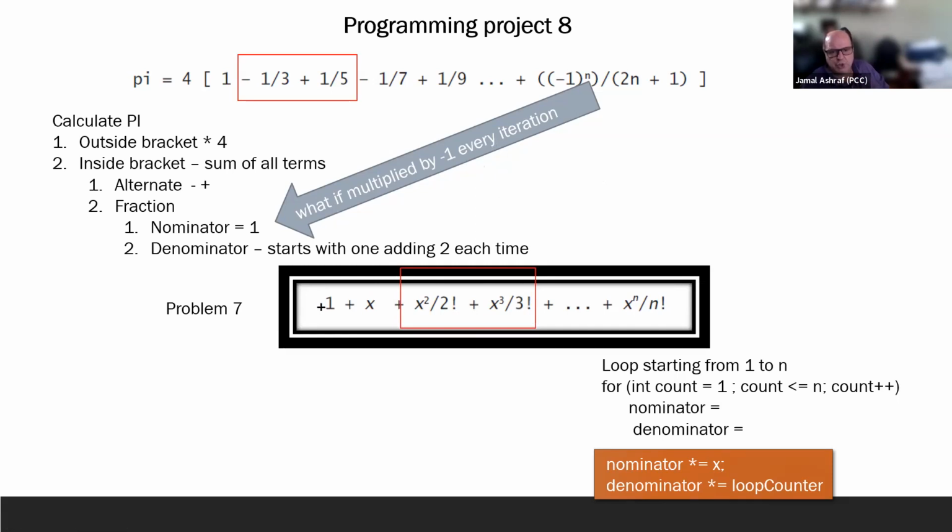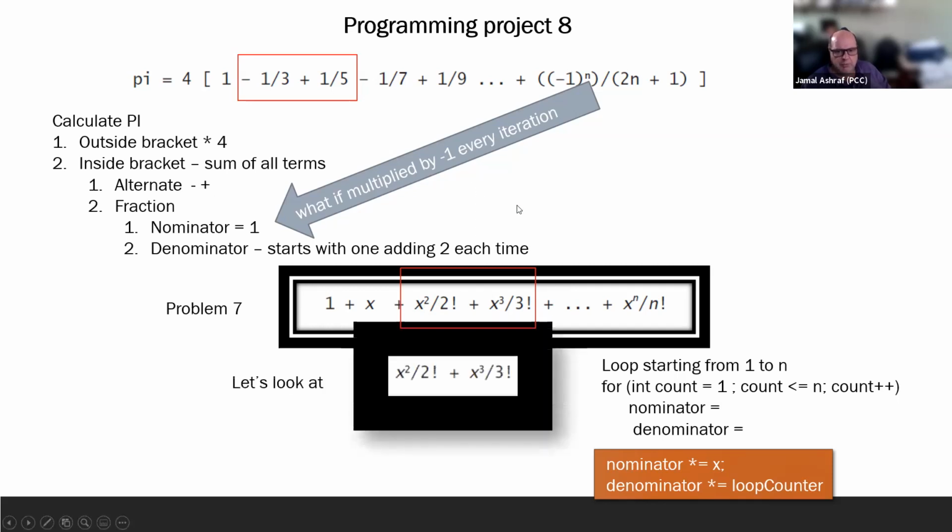So I have a sum of terms, and my terms have a nominator and denominator. Same thing that I was talking about there. I do not need the alternating sign, so I don't need to multiply by -1, but I have nominator and denominator. Now I got to focus on each one of them. So the question is, what is my nominator? What is my denominator? So I'm focusing on this part.